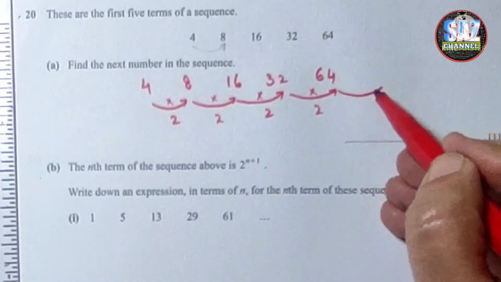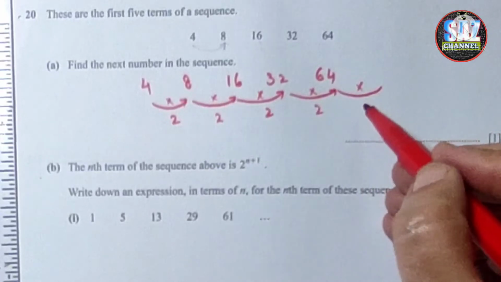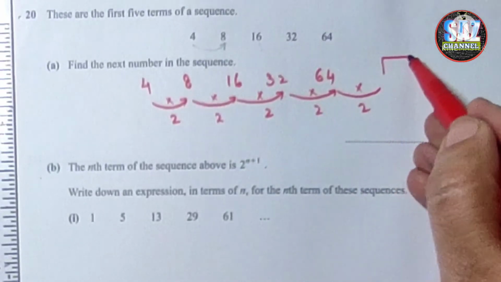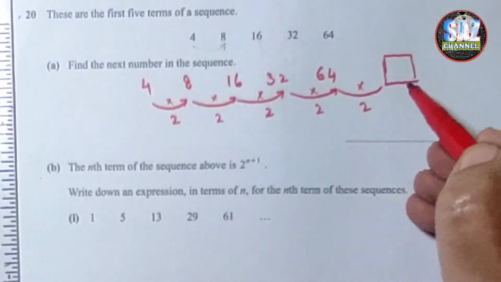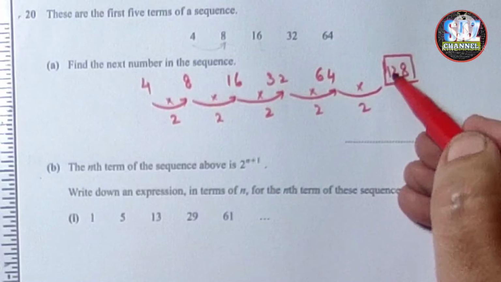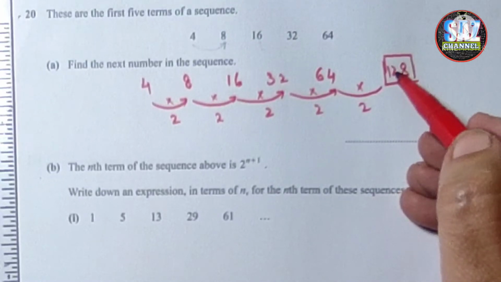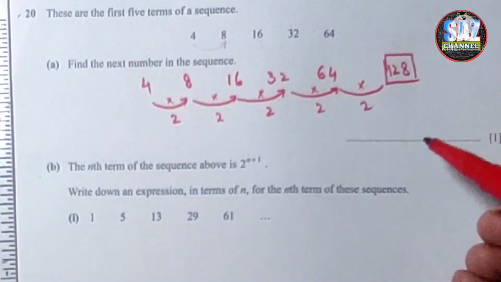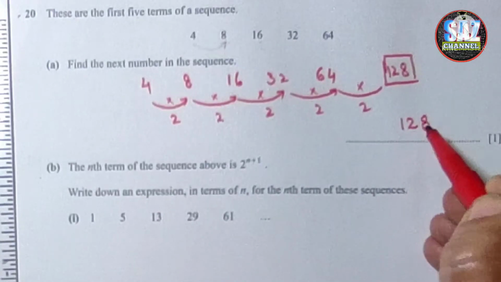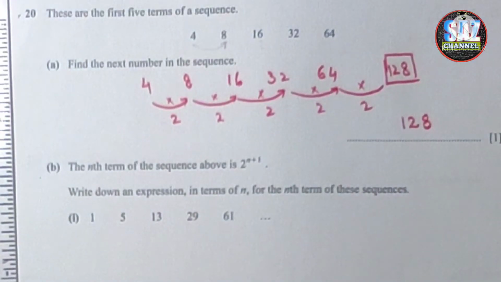So what we have to do is multiply 64 by 2, and 64 times 2 is 128. Really easy question. Here again you should have a good command on observation skills and patterns. Okay, 128. Moving to the next part.